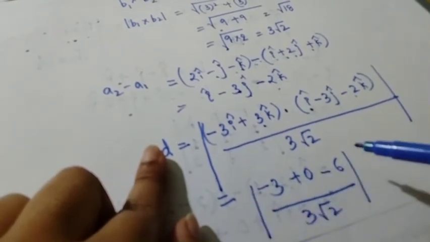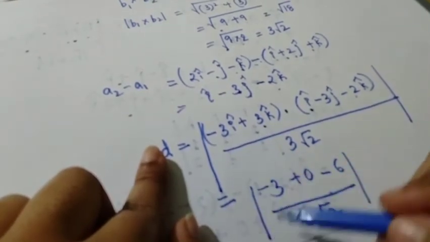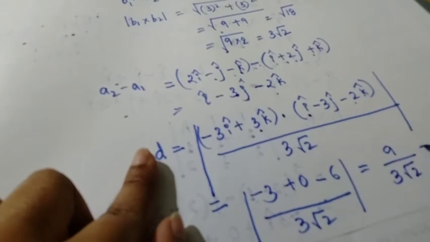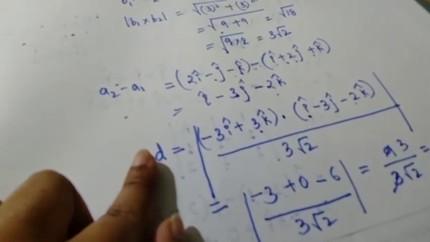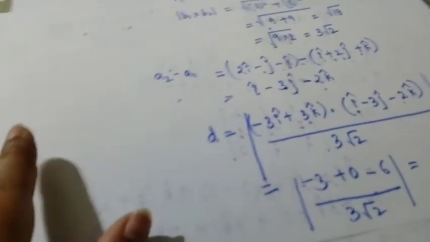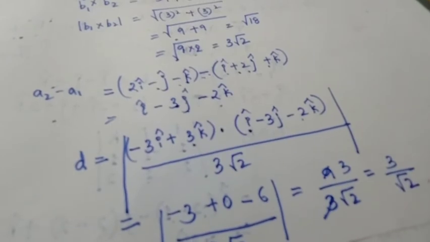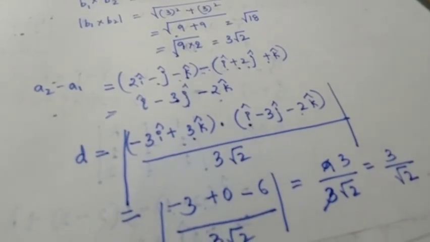Minus 3 minus 6 is minus 9. The modulus of minus 9 is plus 9. So this is equal to 9 divided by 3 root 2, which is 3 divided by root 2 units. This is the shortest distance between the two skew lines.